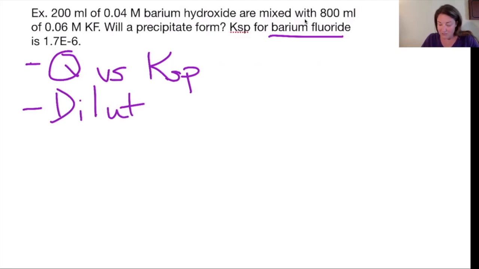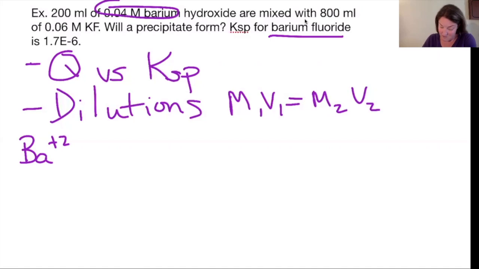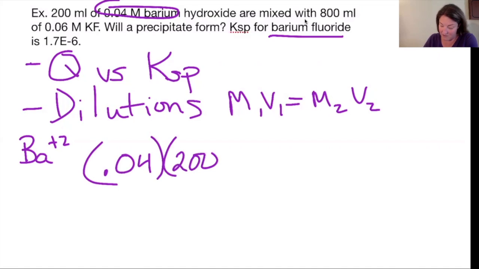Remember, when we're doing dilutions, the equation we most frequently use is M1V1 equals M2V2. These two solutions, when they're being poured together, are diluting each other. So if I want to find the barium ion concentration after dilution, I'm going to look at the barium ion concentration before dilution, which started off at 0.04 molar with 200 milliliters of it.